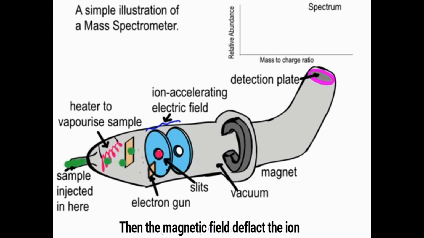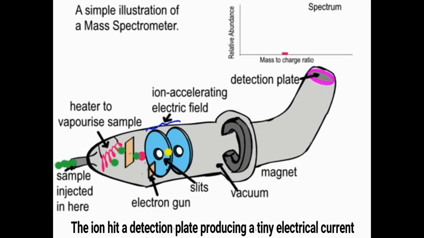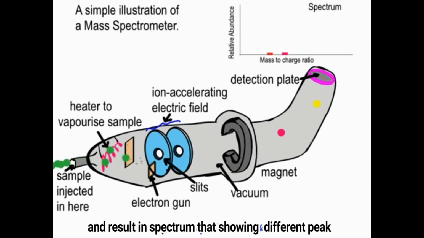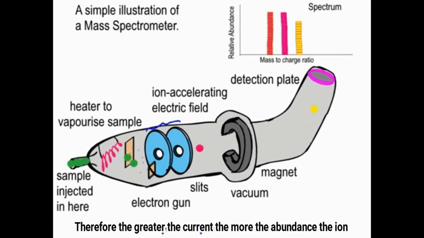Then the magnetic field deflects the ions. The ions hit a detection plate, producing a tiny electrical current, and result in a spectrum showing different peaks. Therefore, the greater the current, the more abundant the ions.